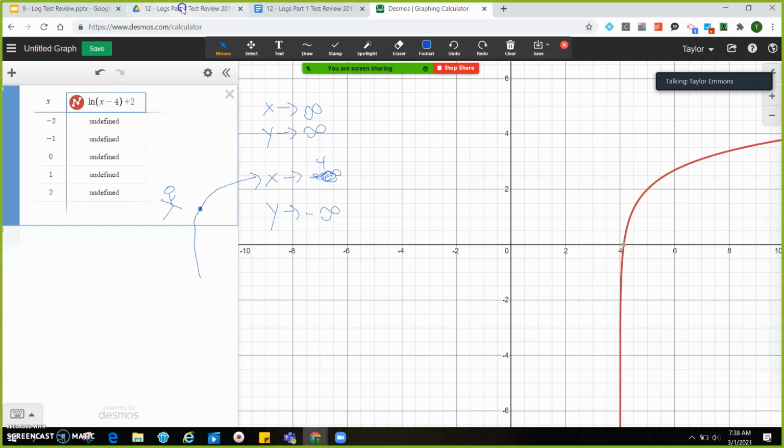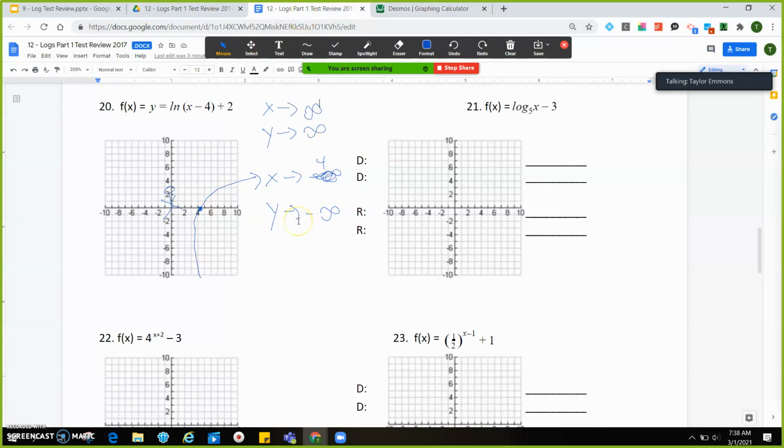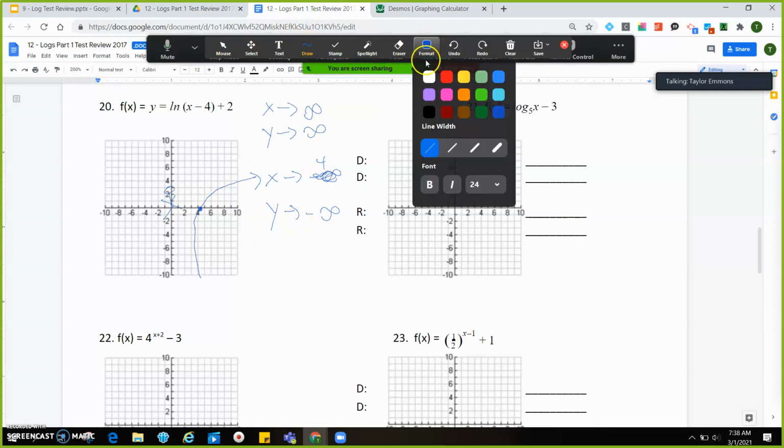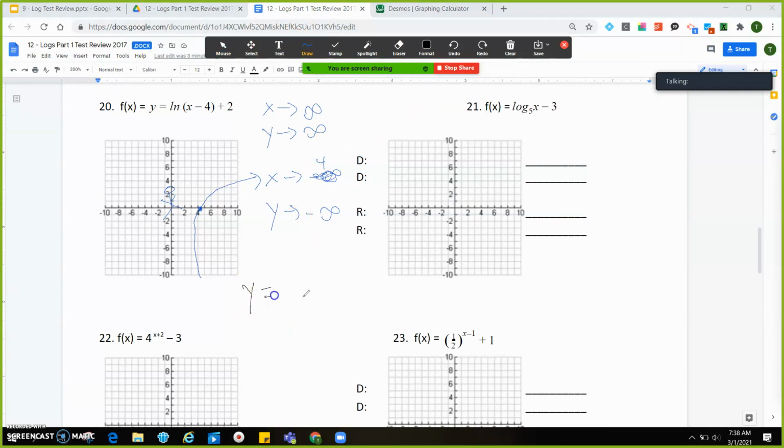From our function that we always write out, and hopefully y'all remember this, y equals a times log of x minus h plus k, that negative is already in the original function. So our vertical asymptote is at x equals 4. It will never pass 4. It'll get really, really close, but it will never pass 4.